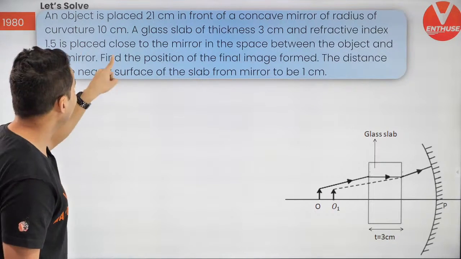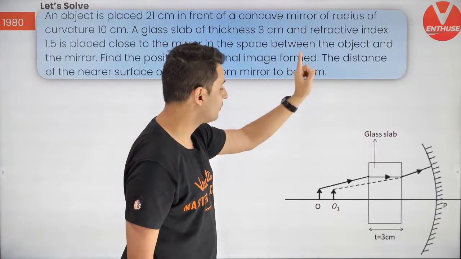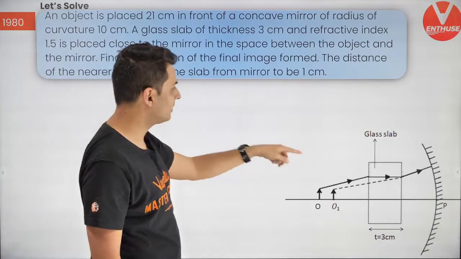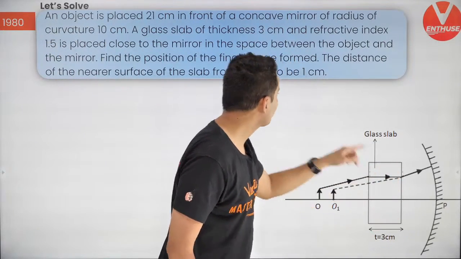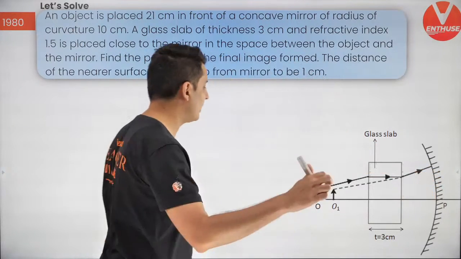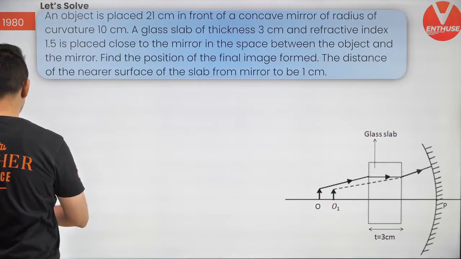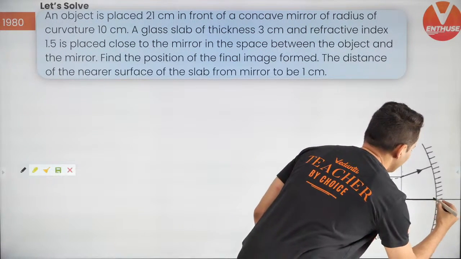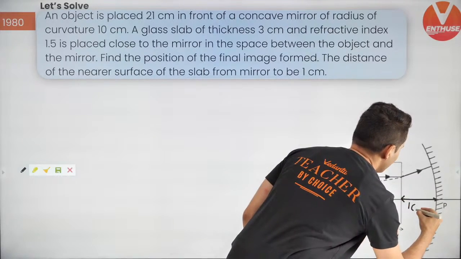Find the position of the final image formed. The distance of the nearest surface of the slab, that means this one, from the mirror is 1 centimeter. So this distance is 1 centimeter. Let me mark that because I might need it. Okay, so this distance is given to be 1 centimeter.